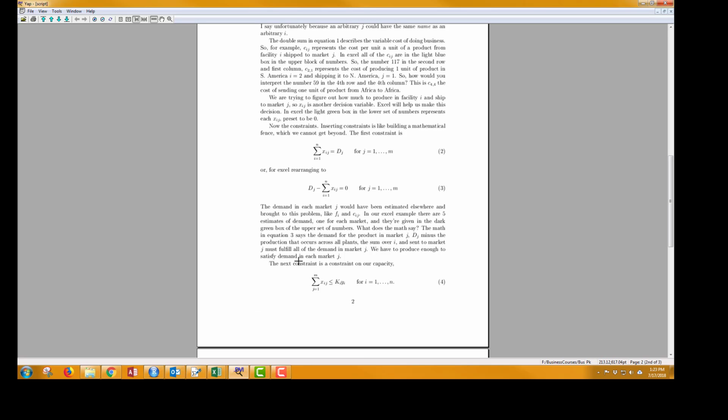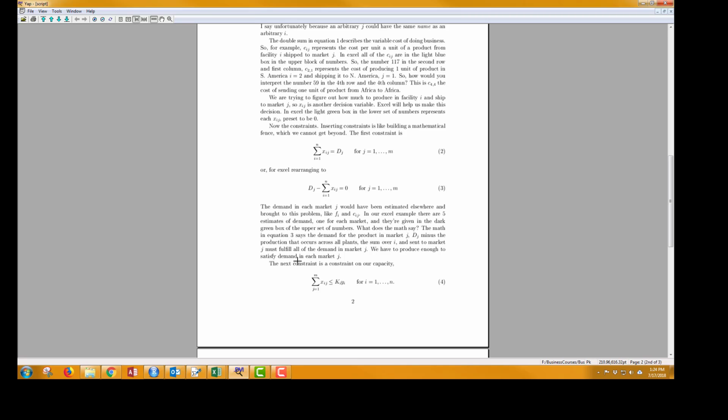The first constraint is a constraint on demand, and it reads, the sum as i goes from 1 to m of x sub ij, remember that is the amount of product going from facility i to market j, has to equal the demand in market j. And this has to be true for each market, j equals 1 through m. So in our case, that would be 5 markets, so j would be 1 through 5.